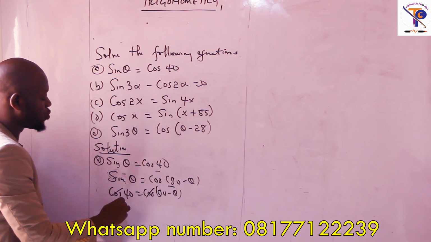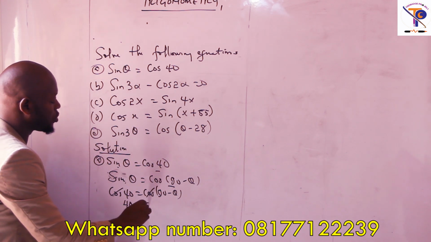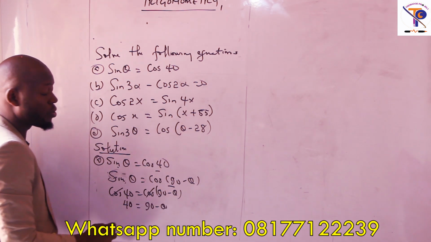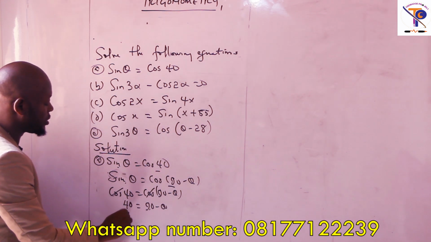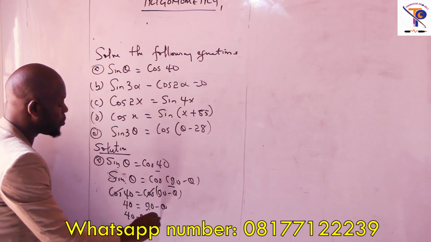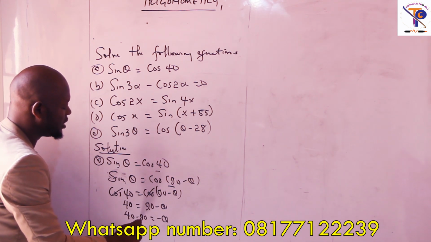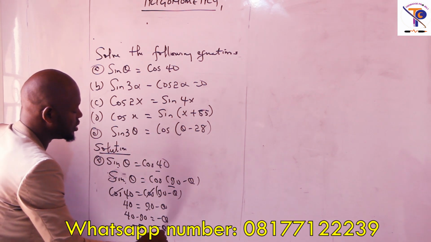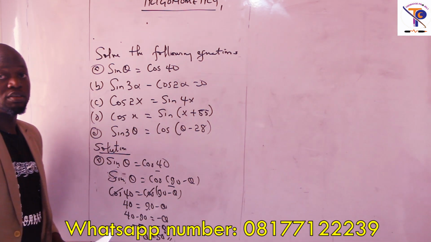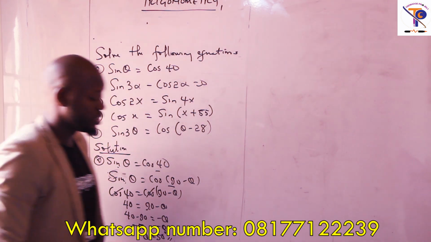The cos will cancel cos. I will have 40 is equal to 90 minus theta. So I have 40 minus 90 is equal to minus theta. Then I have minus 50 is equal to minus theta. So my theta is equal to 50 degrees. That is that. So let's move to the second question.